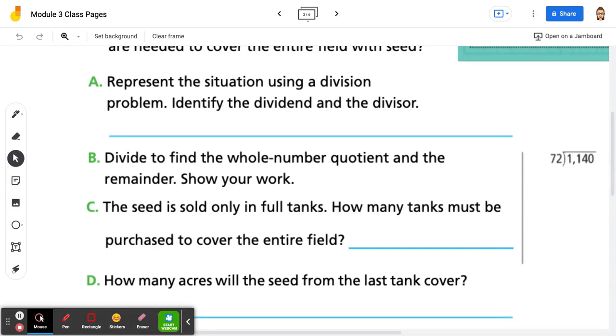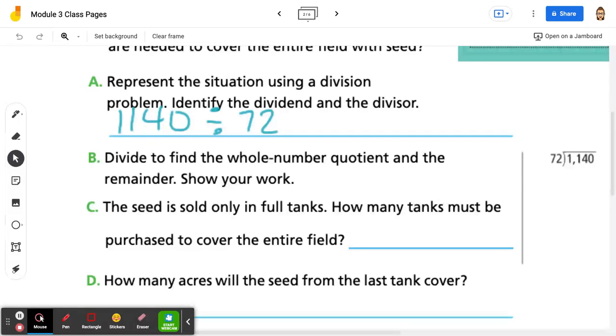Identify the dividend and the divisor. If we look, we are going to be dividing 1,140 by 72. We know this because it tells us in the picture that the field size is 1,140 and each tank covers 72 acres. That's why we're dividing by 72.